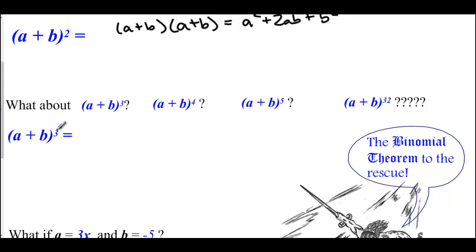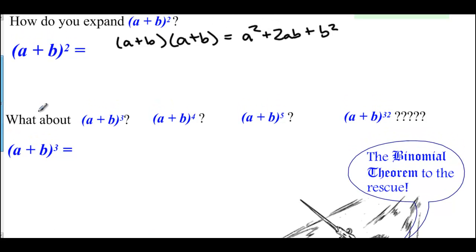So for this a plus b cubed, we would take a plus b and multiply it times what we already did, the a plus b squared up here. So a squared plus 2ab plus b squared. The way to work that out is we're going to distribute this a to everything. So a times a squared gives us a cubed.